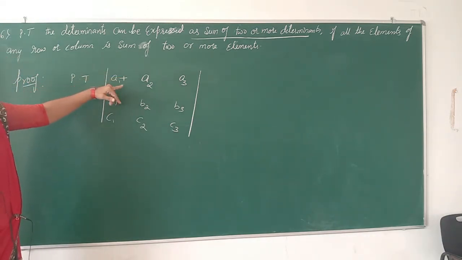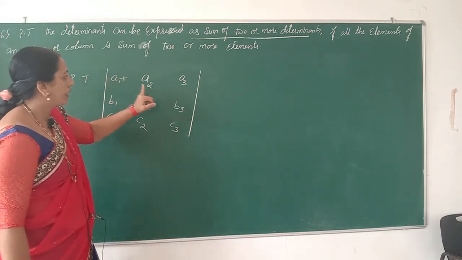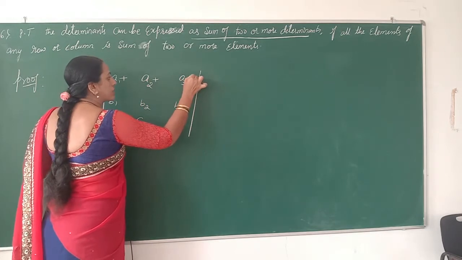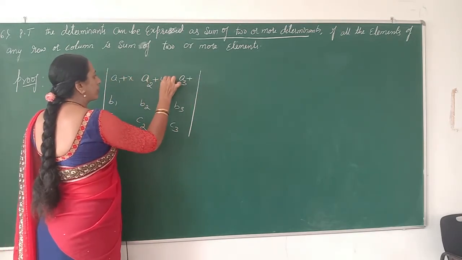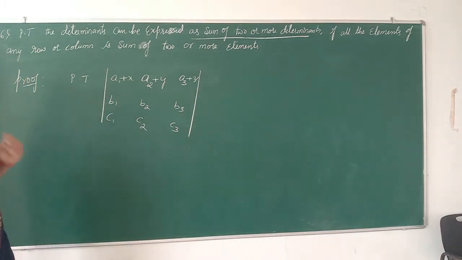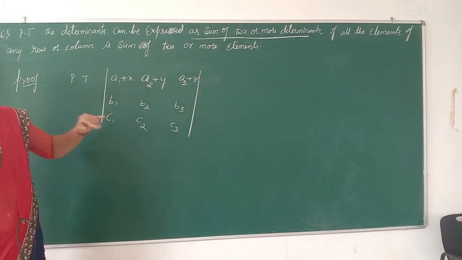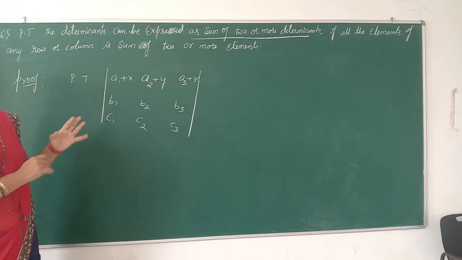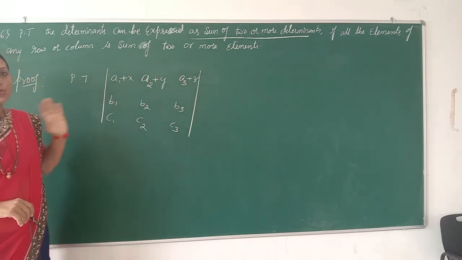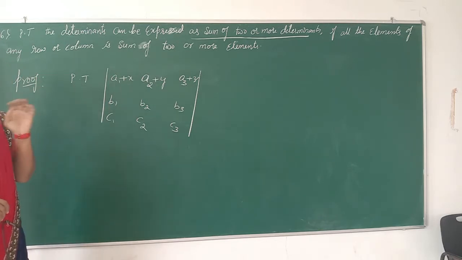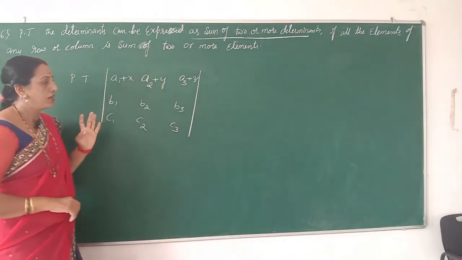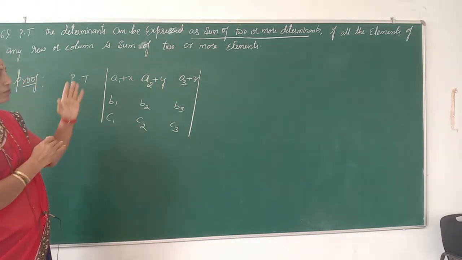In all the elements of the first row, A1, A2, A3, we add some other elements, generally denoted by X, Y, Z. The remaining elements can be chosen as sums or differences. It is also possible to get differences of two determinants, but we will consider only the sum in this proof.